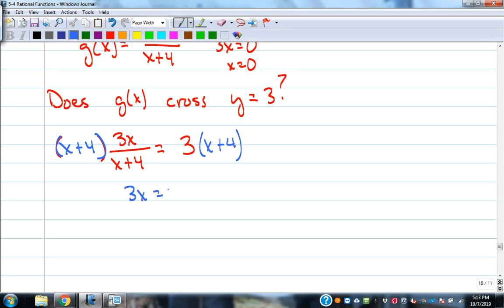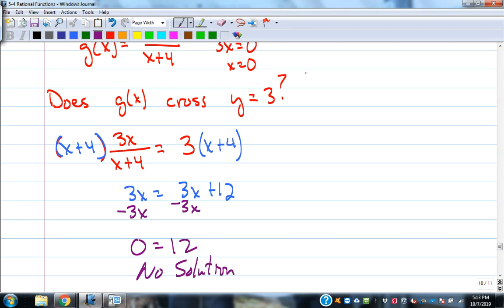You get 3x is equal to 3x plus 12. And lo and behold, we get the x's canceling out again, and 0 does not equal 12 ever, so this is no solution. So, no, it does not. Remember, if you get an answer there, then it does. If you don't get an answer there, it doesn't. It is rare that they cross, but it is something that can happen. Okay?